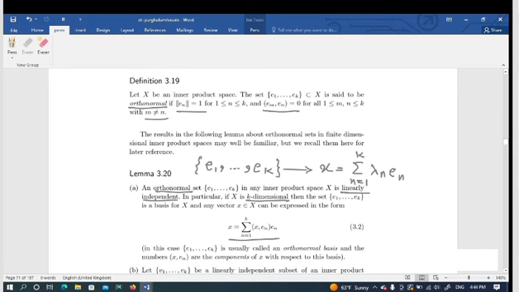But if this is an orthonormal basis, the lambda n equals the inner product of x and En.